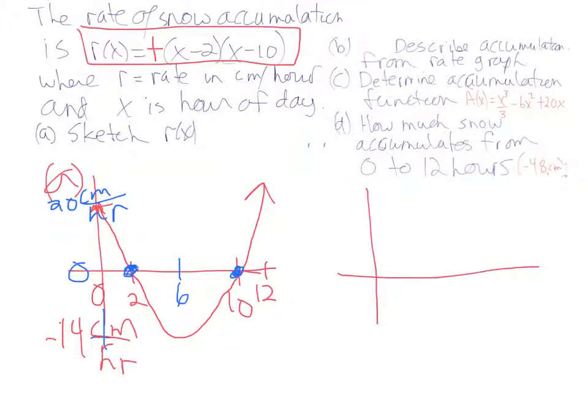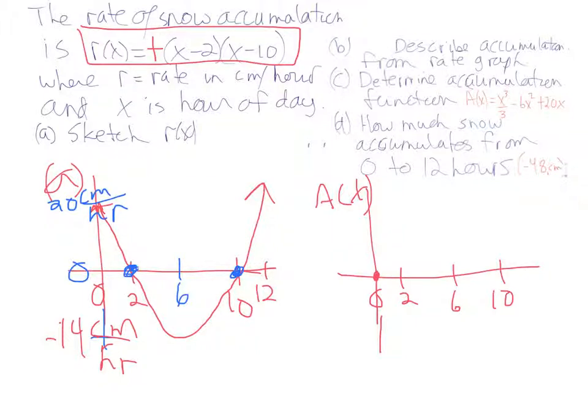So we know some key values are 0, 2, 6, 10. So now this is accumulation. This is how much snow accumulates on the ground or melts. Initially, because it's accumulation, there's none at the start. And what we know at 2 hours is the snow accumulates for the first 2 hours.